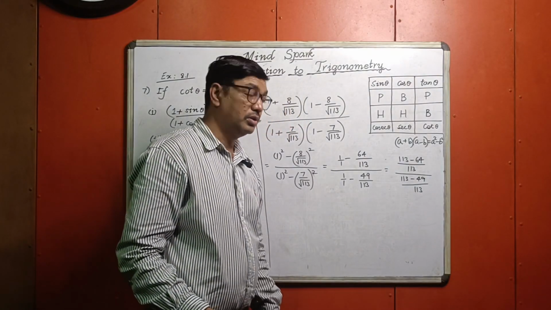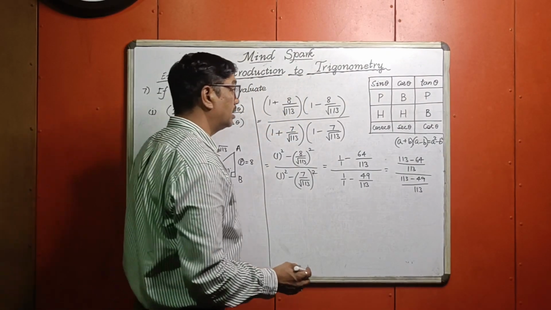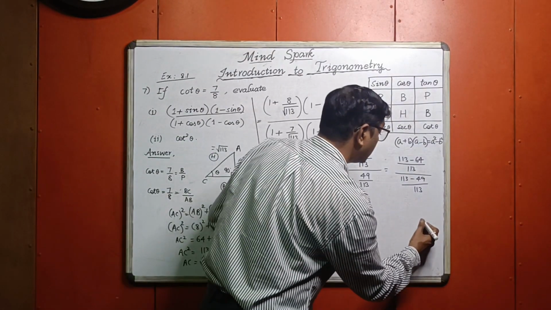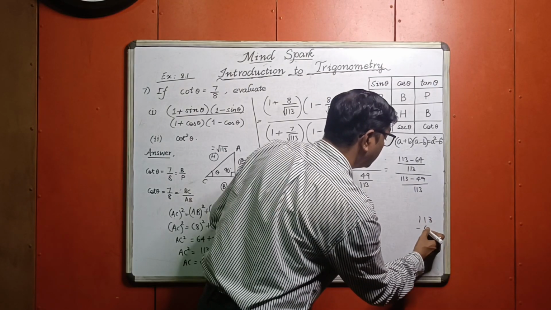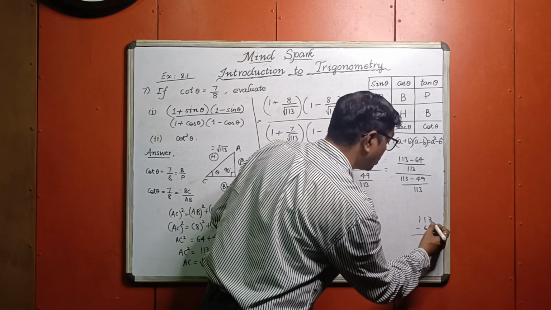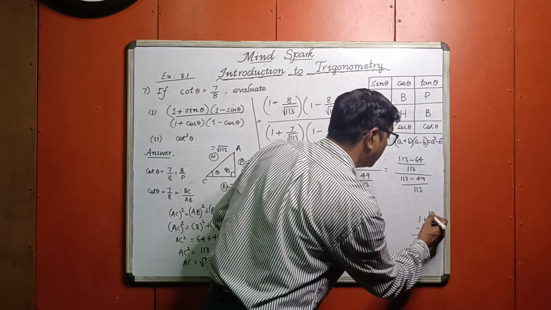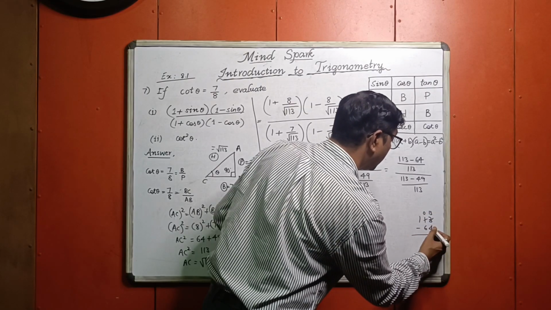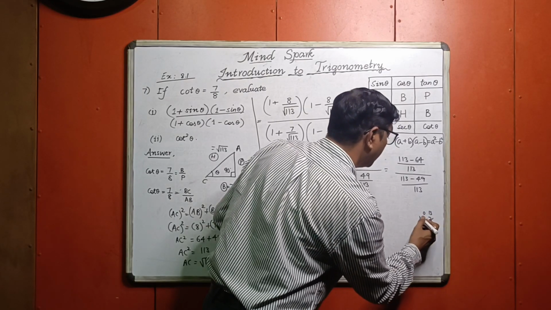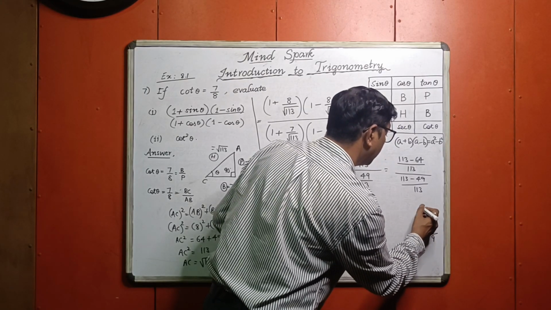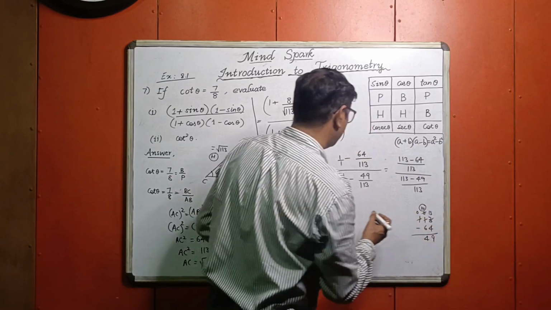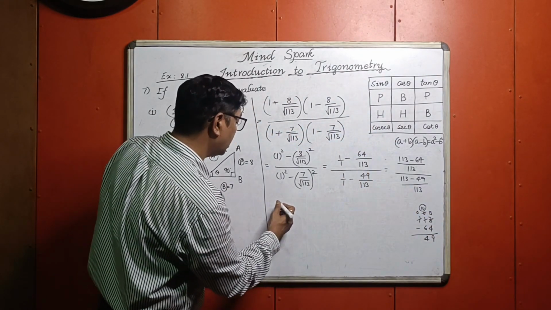Is it clear? So here 113 minus 64, how much is that? All calculation you have to show. This is 13 and this is 0, so you get 49.